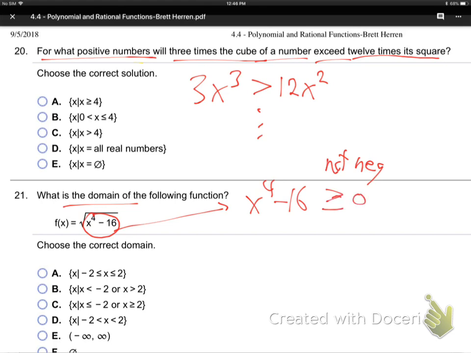Square root of a negative is imaginary. So the inside of square roots cannot be negative. What's not negative? Greater than or equal to 0. Solve it. Is that good? All right, so they're given different ways, they're going to become greater than, less than problems. You see how they're doing it?